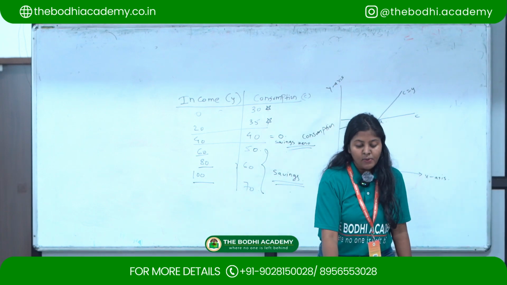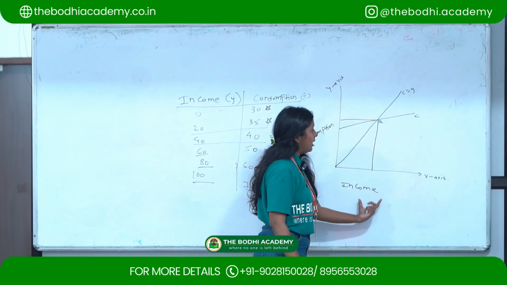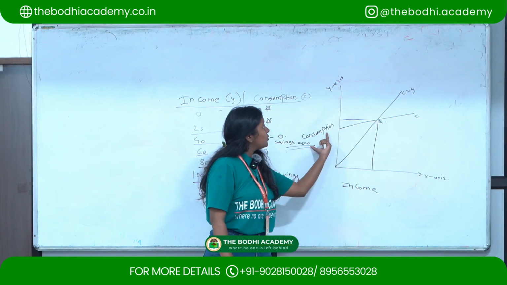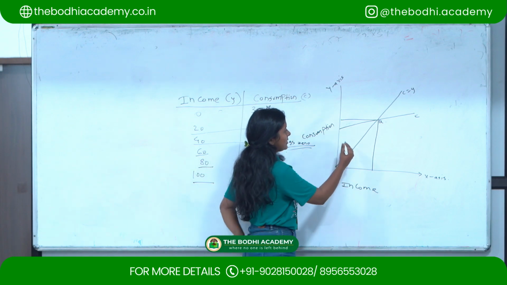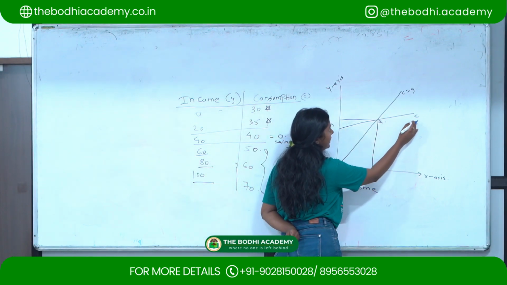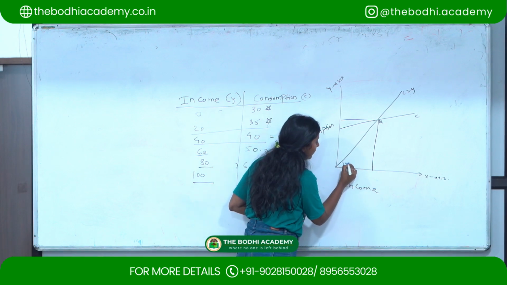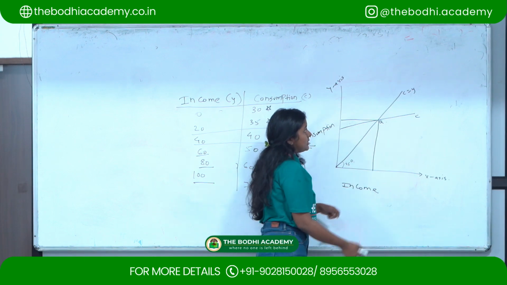Now I'll explain this with the help of a diagram. Here we have taken income on the x-axis and consumption on the y-axis. This is the consumption line, and this is a 45-degree line, where consumption is equal to income.